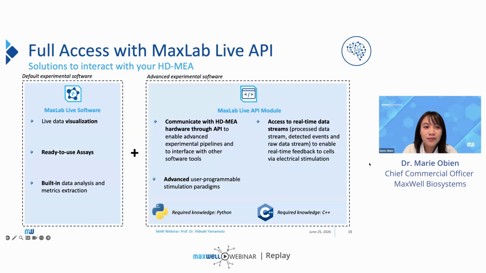And how we are enabling this at MaxWell Systems is that we have the MaxLab Live API that allows you to communicate with high-density MEA hardware and also stream the data live and be able to interact with it in any way that you can. So if you want, again, to learn more information, please come and visit our website or contact us.